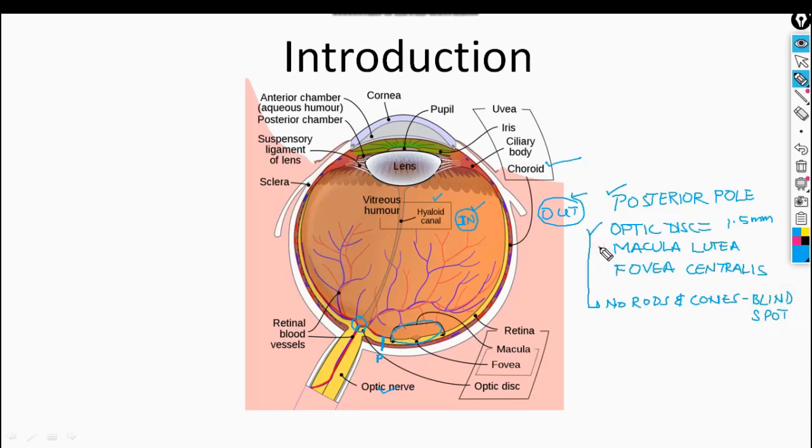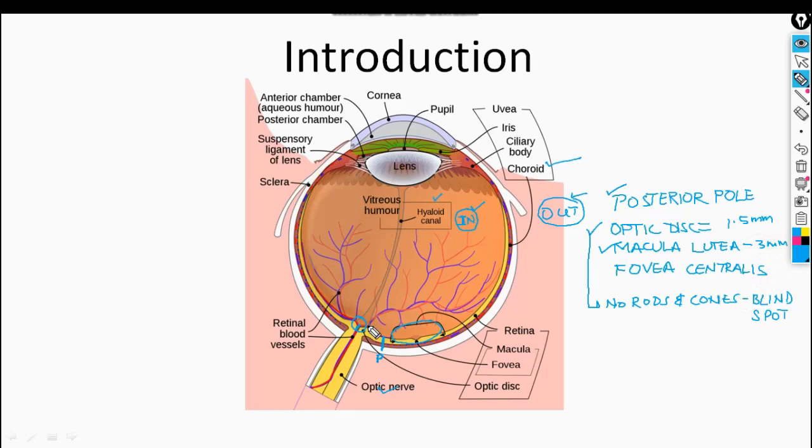Now understand about the macula lutea. This region is the macula lutea. Clear? It is present near the posterior pole, here you can see the posterior pole, and it is present 3 mm lateral to the optic disc.